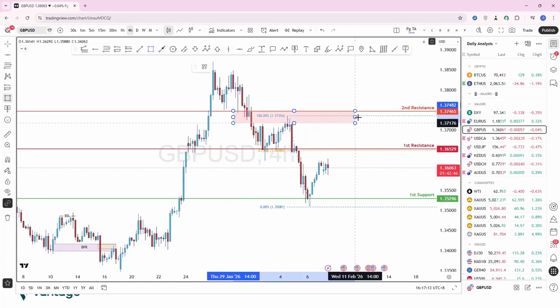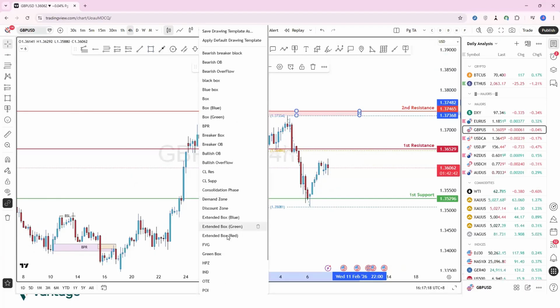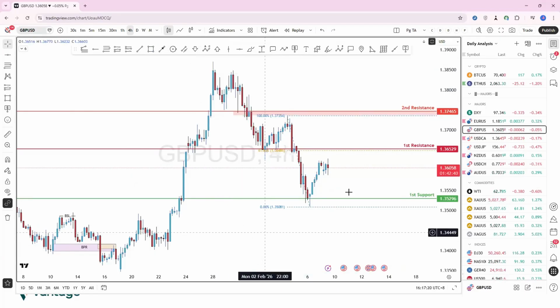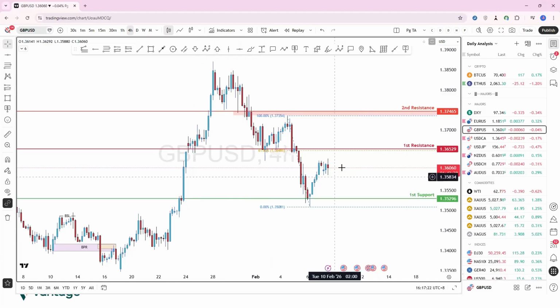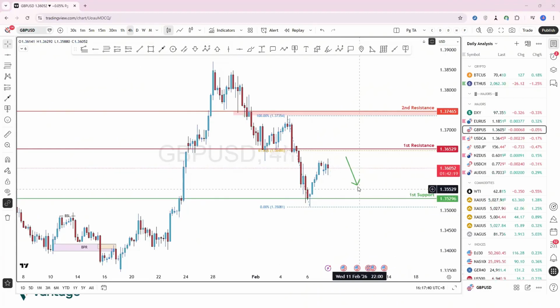You just highlight the wicks and the body. This is the 4.